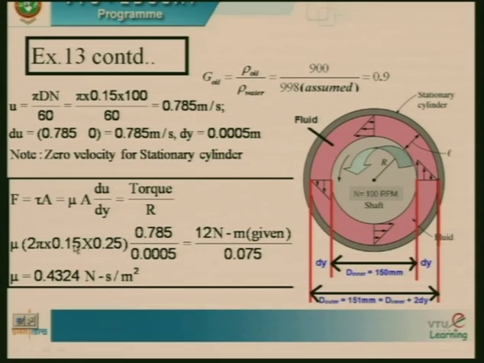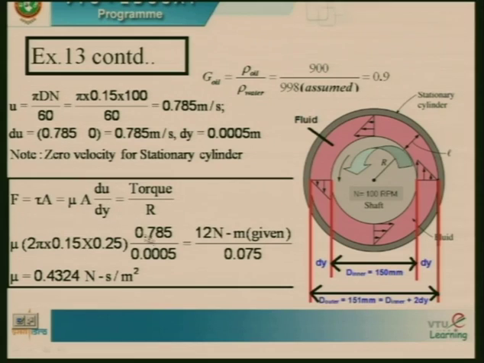The viscosity acts over all that area, because it is fully filled for a length of 250 mm, for an area of 2 pi r L. So, we come back to our equation, mu into 2 pi r, which is 0.15, you know very well, into the length of the cylinder 0.25, into du by dy.